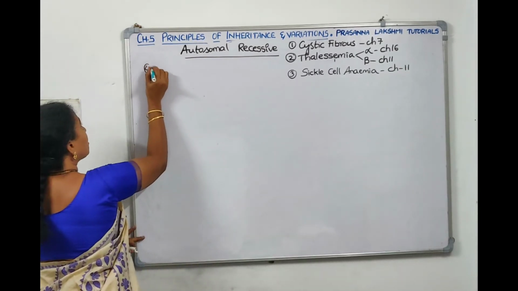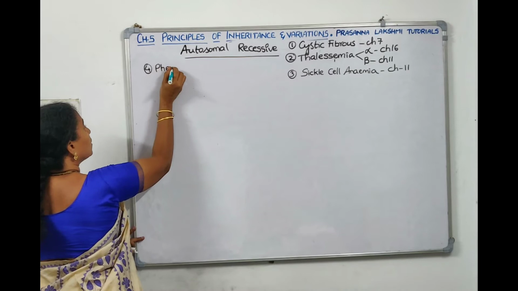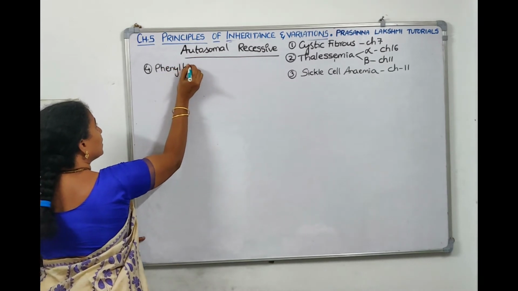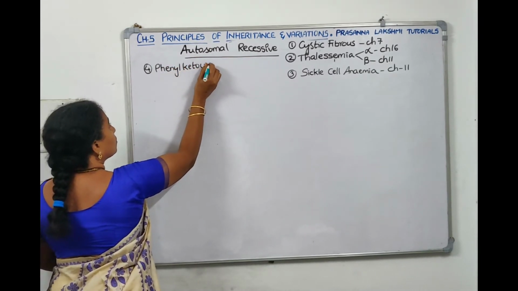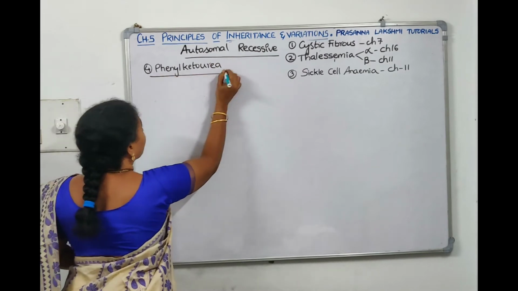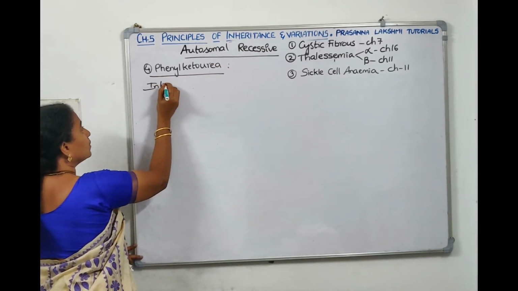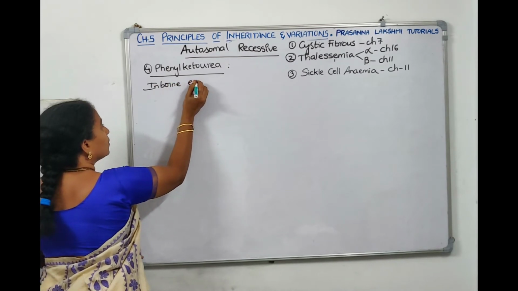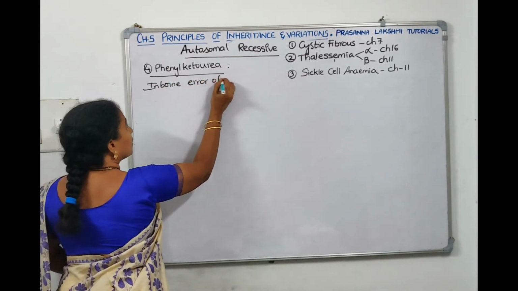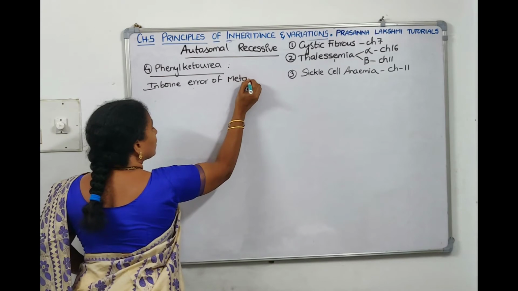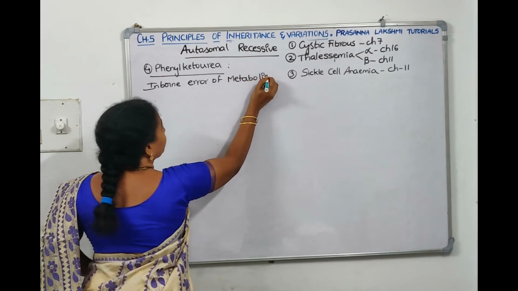Coming to the fourth disorder, it is called phenylketonuria. Now, phenylketonuria comes under inborn error of metabolism.